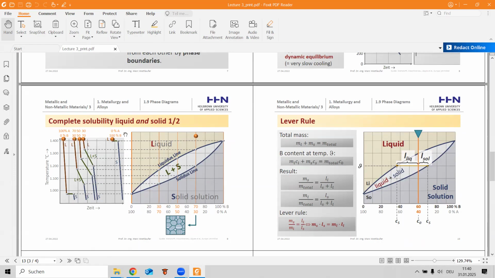Of course, we need to take into account these concentrations. So here in the middle we have the liquid and solid area. We have liquid with solid solution.